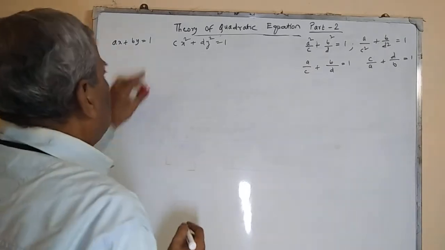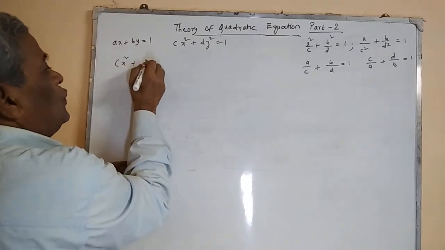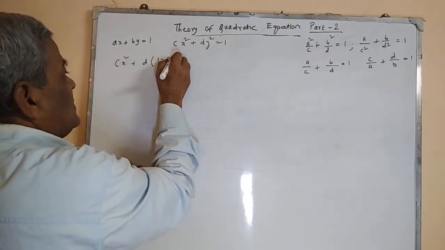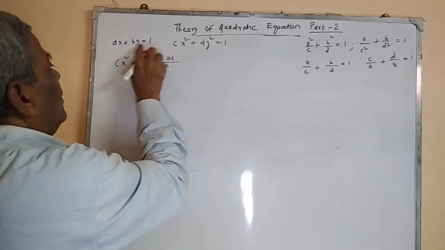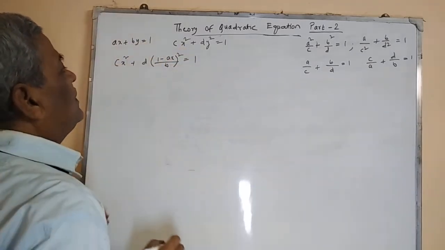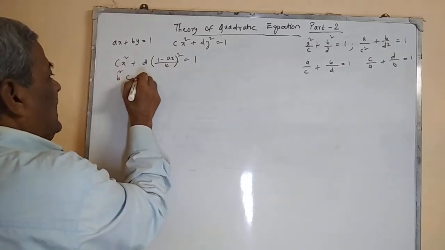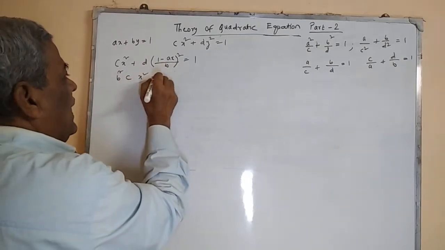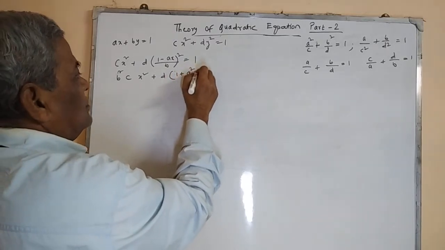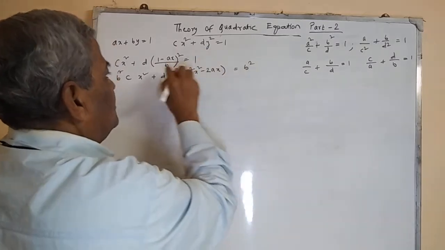Now eliminating y from this and that, we get cx square plus d into y square, where y means (1 minus ax) by b, that is your y, is equal to 1. Simplifying, we get b square c x square plus d into (1 minus ax) whole square is equal to b square.